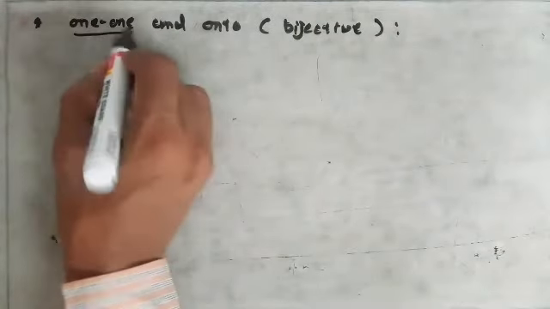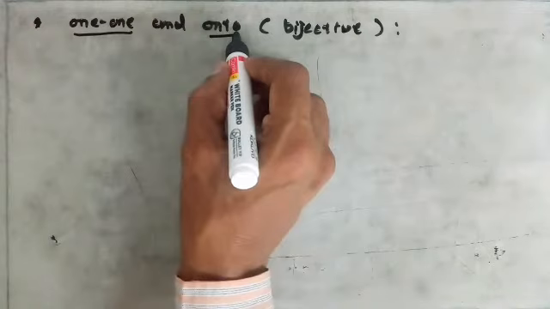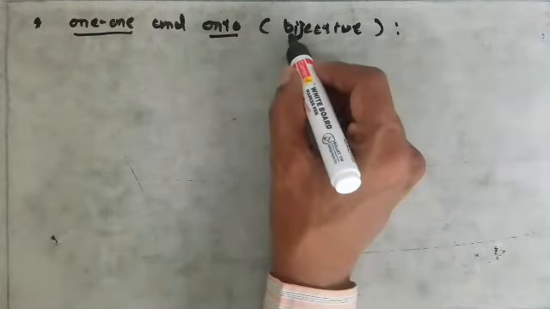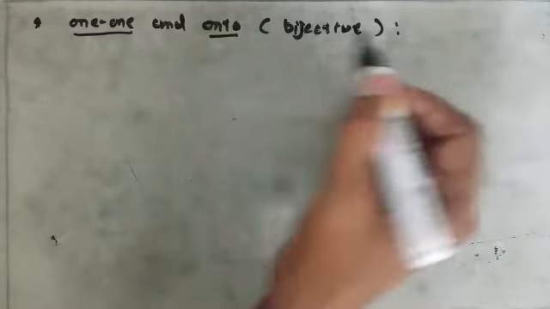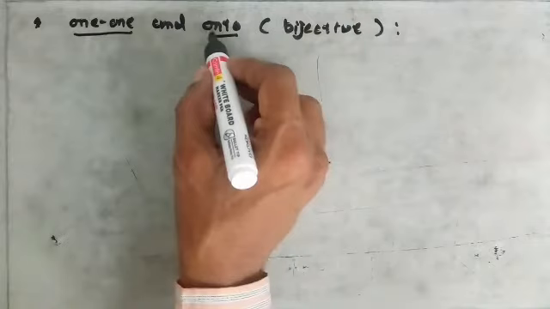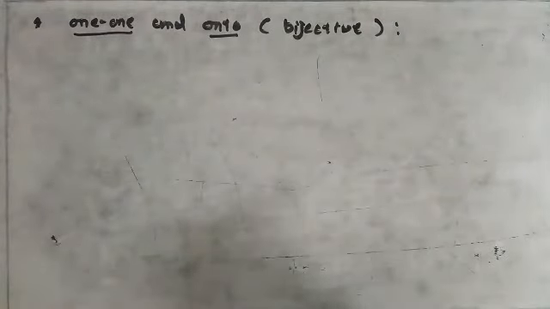A function which is one-one and onto is said to be one-one and onto function or bijective function. In second words, a function which is injective and surjective is said to be bijective. Remember the definition. Clear?